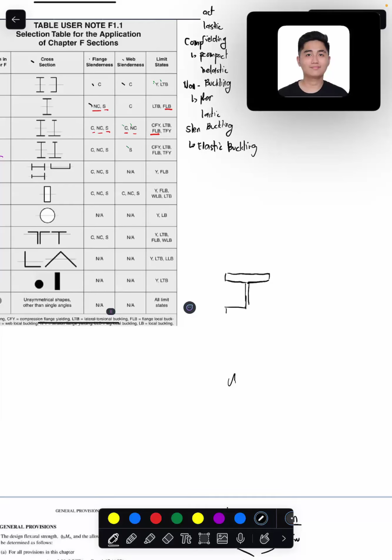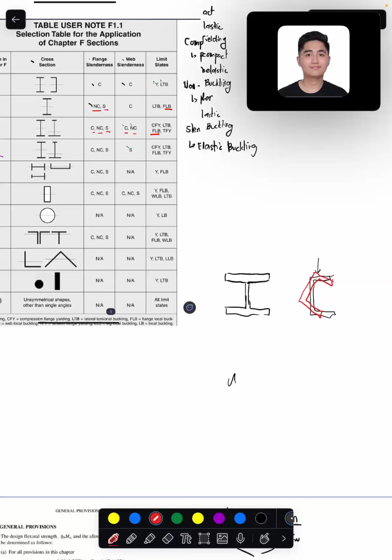Yung theory nito is if for example sinubject mo nga siya under bending moment, there is this tendency as observed with halimbawa nag-apply ka ng load sa hindi naman symmetrical ngayon, so singly symmetrical lang, halimbawa channel section. Dahil yung load na yon ay hindi nasa shear center, ang nangyayari dito is nagkakaroon ng unnecessary na rotation, and eventually yung magiging deformed state niya ay magiging ganito.